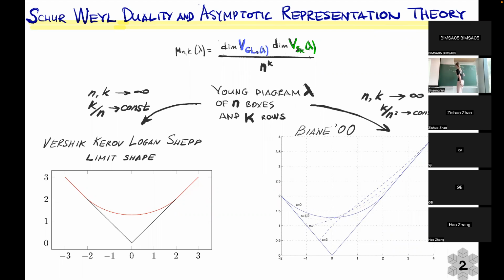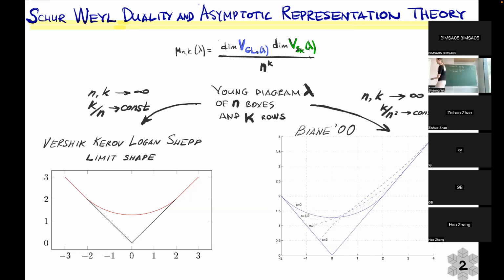Now, if we try to ask the asymptotic questions, there were various studies in various regimes where the asymptotics have been studied. So, we consider the limit shape. That is what I was telling about in the beginning. It is the regime when n and k go to infinity, and the ratio of k and n goes to a constant.